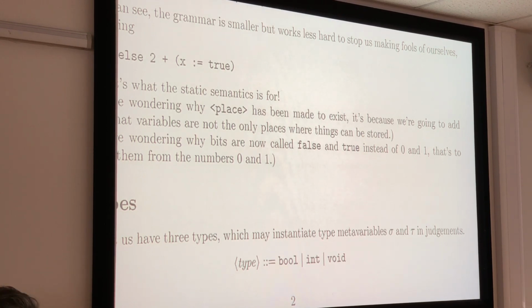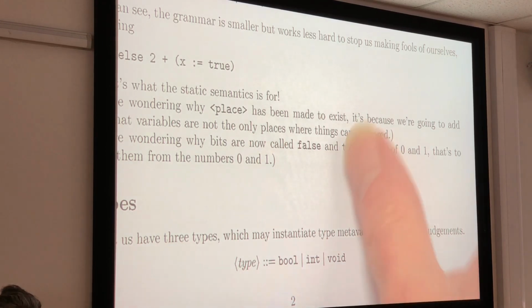You kind of hope that if we know the types of the variables, so previously we've only had integer variables, but I'm going to say let's allow Boolean variables as well. If we know the types of variables, we ought to be able to say whether a program is okay. Right. So let's see if we can build the setup.